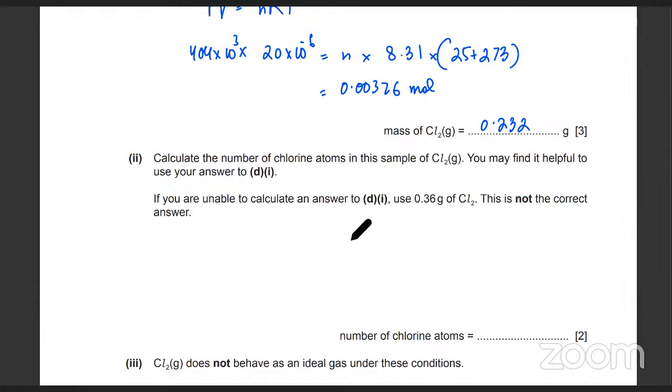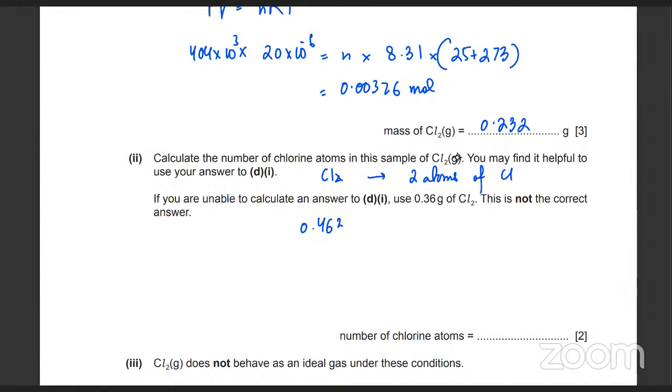Okay, the next part is: calculate the number of moles of chlorine atoms in this sample of Cl2. So one Cl2 has how many atoms? It's got 2 atoms of Cl. So it's basically 1:2, so you double that. Multiply that by 2.